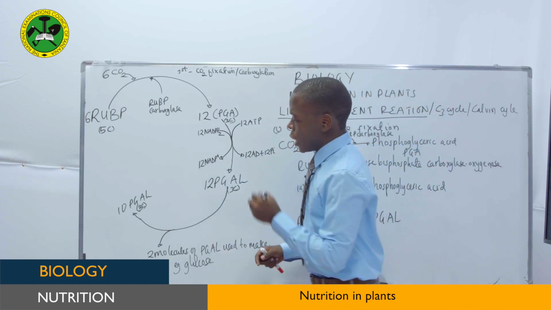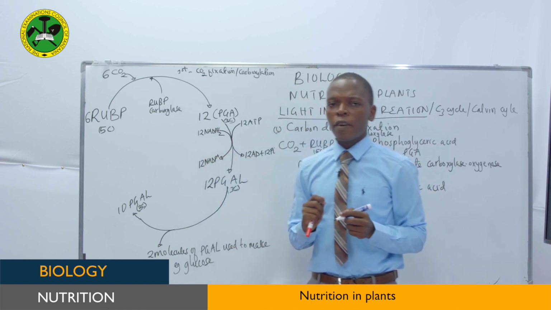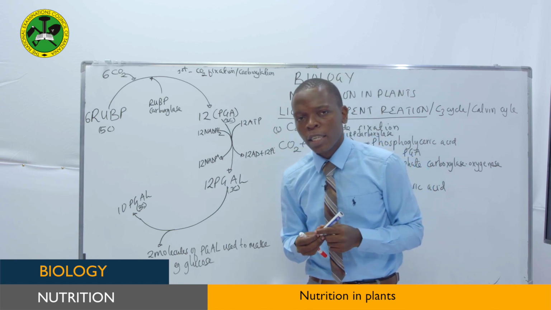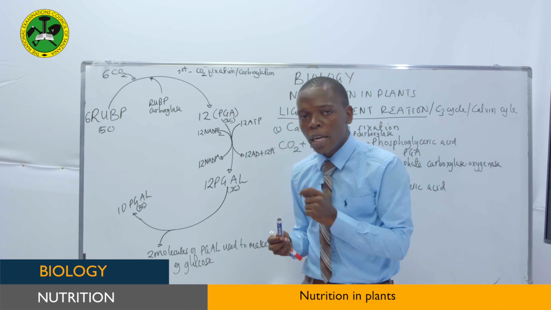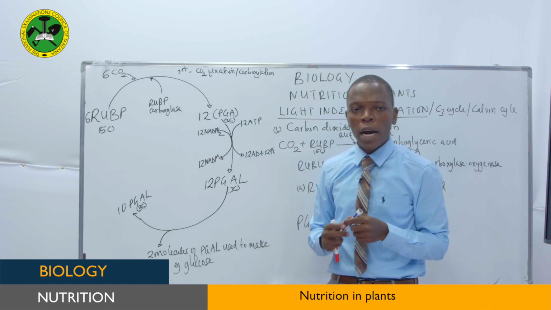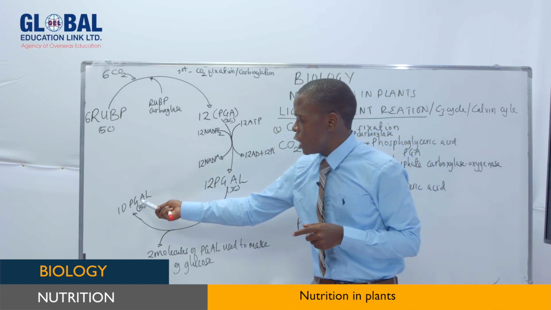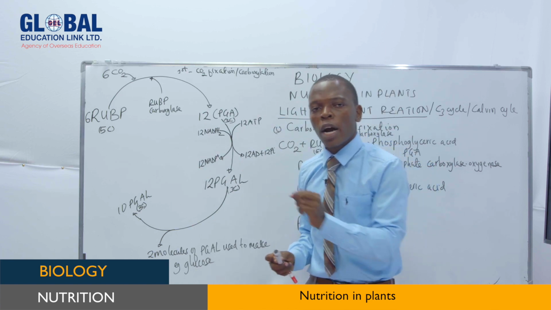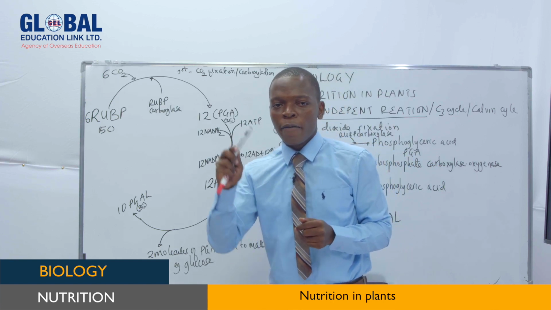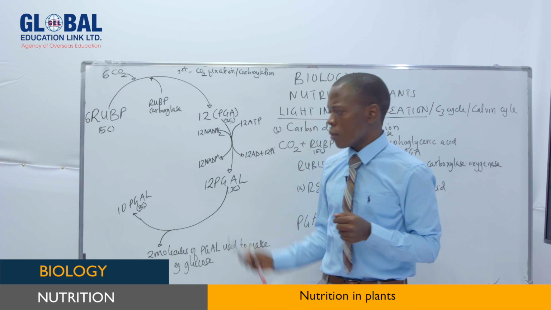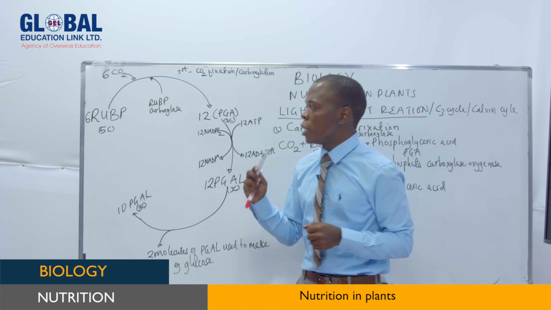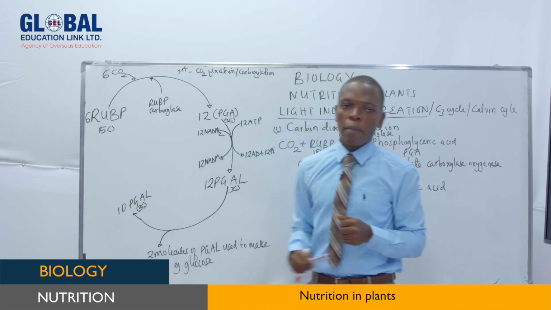You need to remember, the main event during regeneration is the rearrangement of carbon atoms between sugar phosphates, to convert 3 carbon compounds to form a 5 carbon compound. As you can see here, this PGAL is a 3 carbon compound, but we need to synthesize a 5 carbon compound.